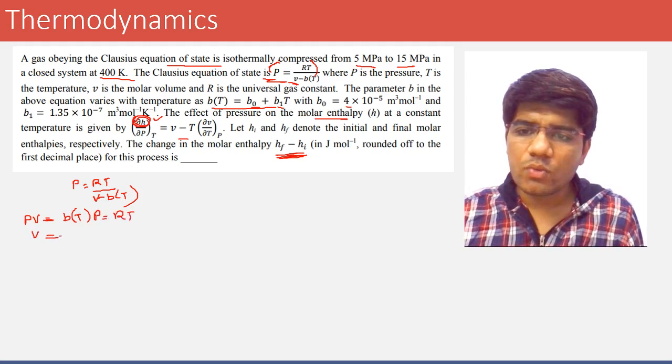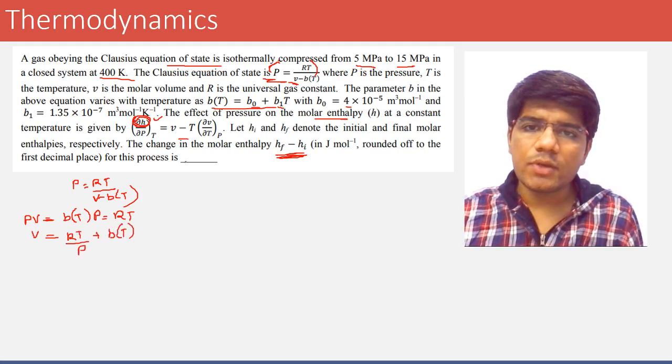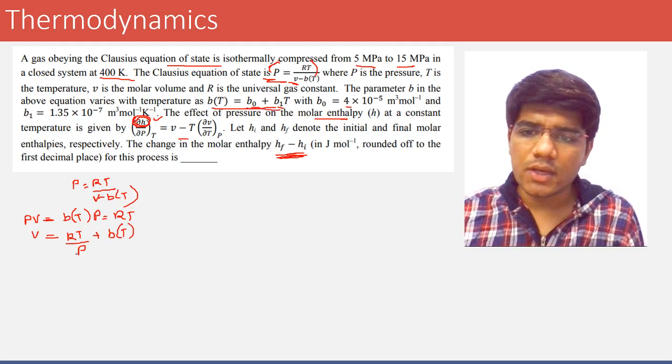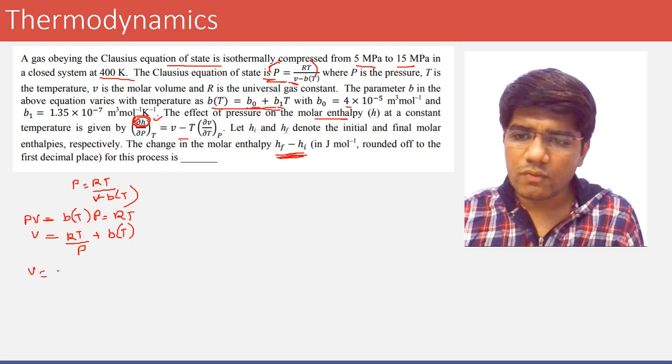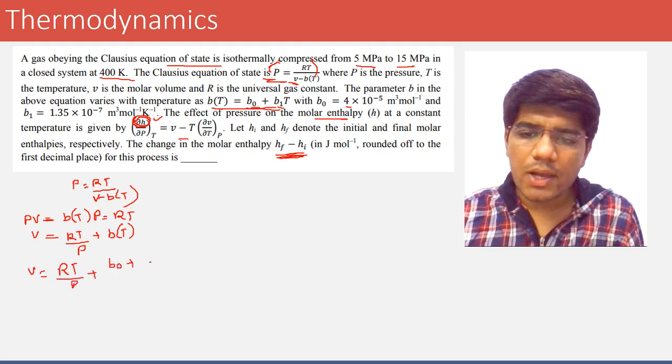So V will be equal to RT upon P plus B of T, and B of T is given as B0 plus B1 T. Now we can substitute: V equals RT upon P plus B0 plus B1 T.